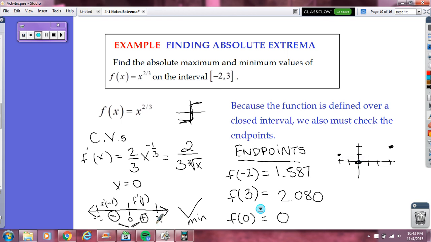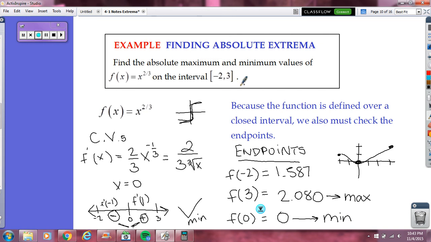It makes sense, what I found with this little number line, when I consider the graph: I was going down, and then I was going up. So by looking at the graph, by considering these values, I see that the highest value that I get to is 2. This is bigger than the others. So this is going to be my max value. 0 is smaller than the others. This will be my minimum.